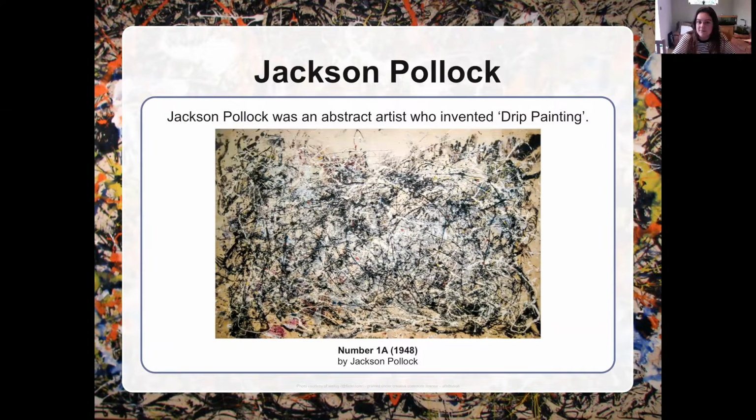So when it comes to painting, if I ask you to paint a picture, more than likely you would pick up your paintbrush and you would have your paint, and you would put your paintbrush to the paper and use brush strokes in order to paint. Now he very often used a paintbrush, but he didn't hold it to the paper. He held it slightly above the paper and he let the paint drip from his paintbrush.